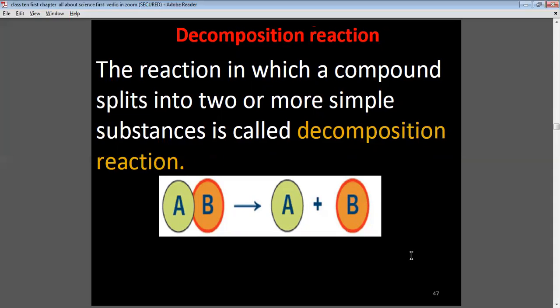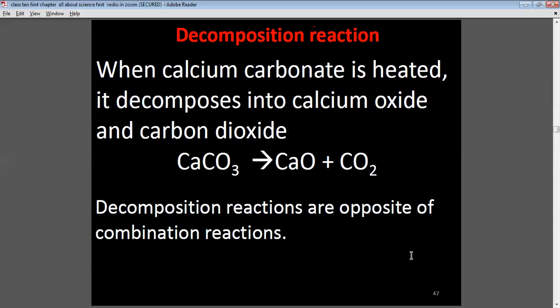One complex compound undergoes reaction, and there is a formation of 2 products, that is A plus B. For example, when calcium carbonate is heated, it decomposes into calcium oxide and carbon dioxide. The formula CaCO3 undergoes reaction to give CaO plus CO2.